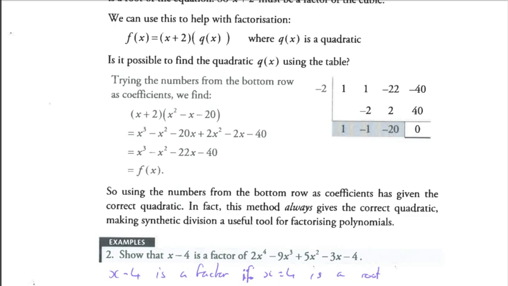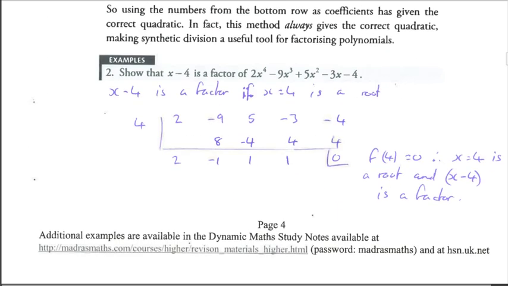So if x plus 1 equals 0, x equals negative 1. If x plus 2 equals 0, then x equals negative 2. So the factors are the brackets, and the roots are the values of x for which f of x equals 0. So we're going to be using that in question 2, 3, and 4.